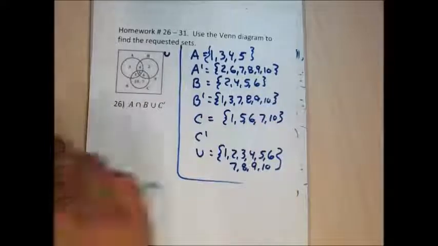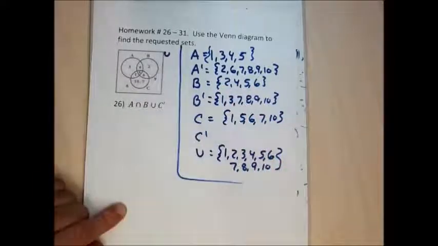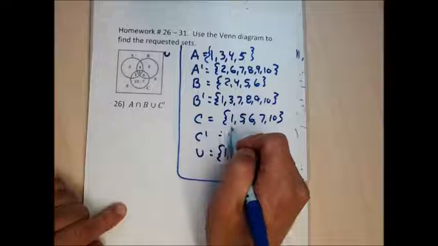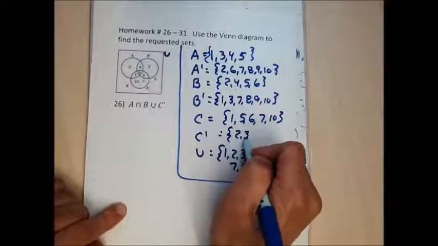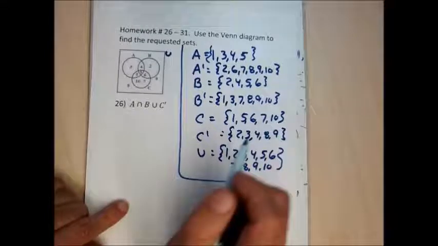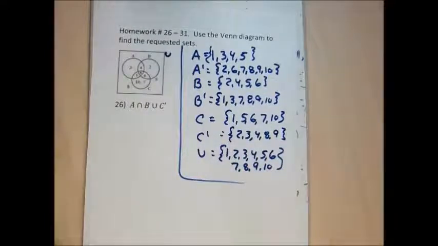Again, those are all the numbers between 1 and 10 that aren't already in set B. Set C is missing 2, 3, 4, 8, and 9, so set C complement is going to have 2, 3, 4, 8, and 9. And for the next few problems, I'm going to use these sets.